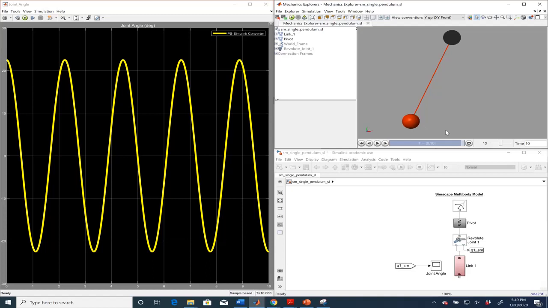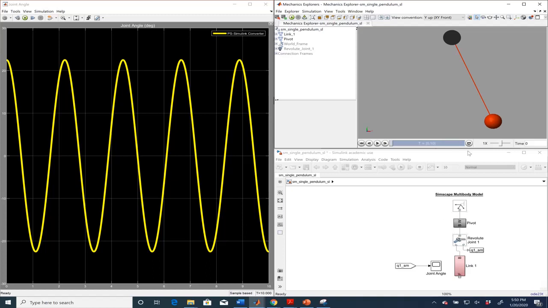If I start with this ball back at 20 degrees, he'll make it all the way to the bottom and over here, but he's not going to make it all the way to negative 20. Maybe he'll make it to negative 19. Then when he swings back, maybe he'll only make it to 15 degrees. And eventually over time, he'll come to rest.